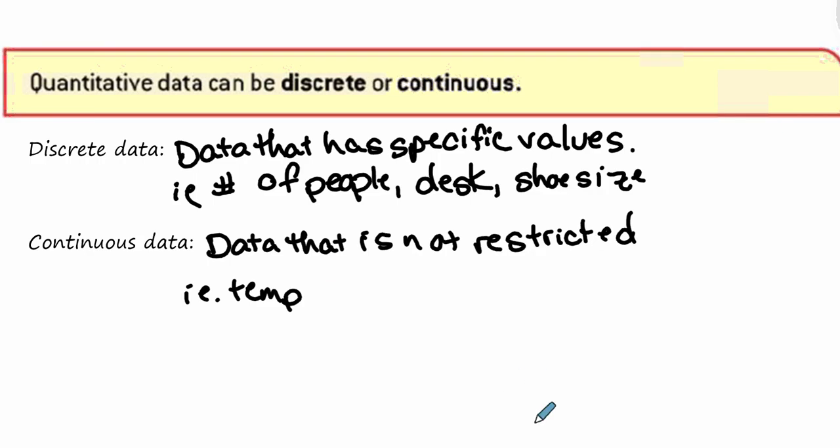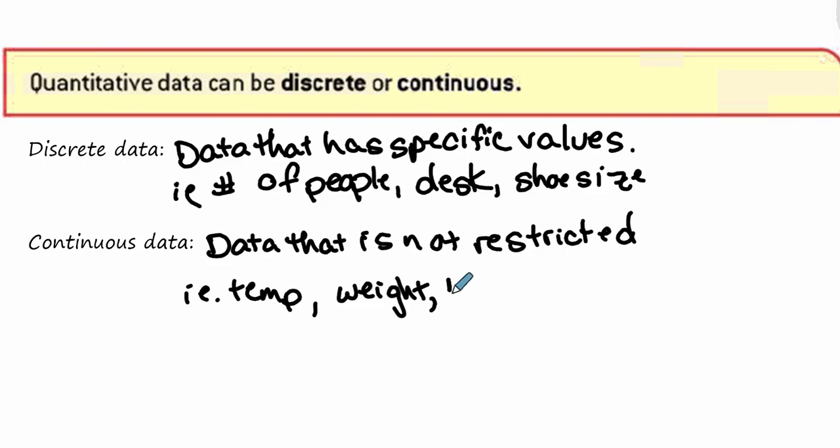However, it really could be 65.102 degrees. There's no restriction to what the temperature is. We'll say typically it's 65, but it's not exactly 65 degrees. Another one that's not restricted would be weight. You can do pounds, ounces, grams, all these different things, and it doesn't have to stop there. We could say 125.9872 pounds or something like that. Again, it's unrestricted, it keeps going.